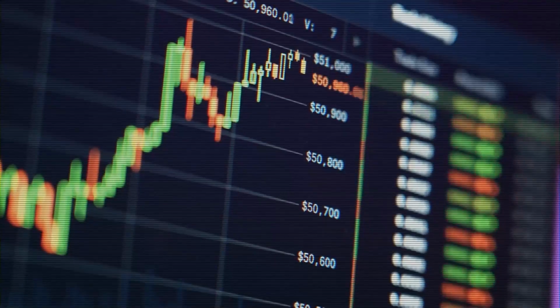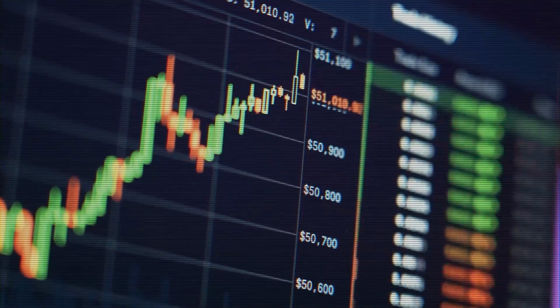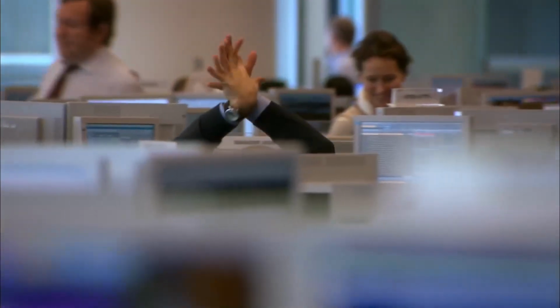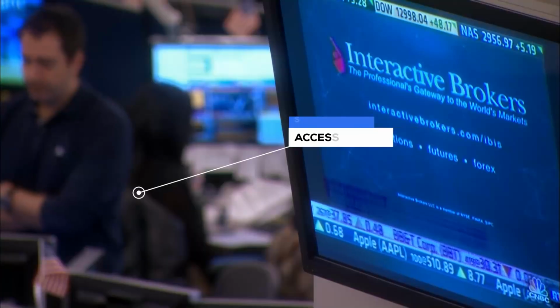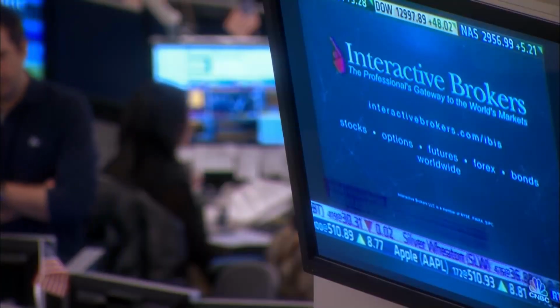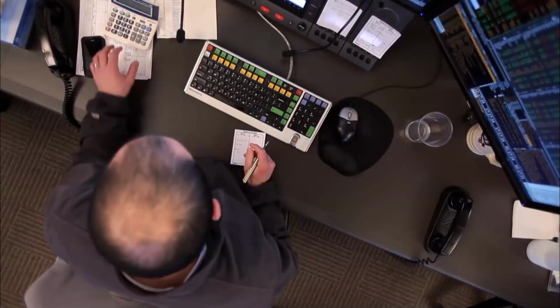There are many stock market exchanges around the world where stock and other products can be traded. You have probably heard about some of the more famous exchanges, such as the New York Stock Exchange and the Nasdaq. So, how can you get access to the market and begin to trade? Investors must carry out the transactions of buying or selling stocks or other products on the market through a broker.